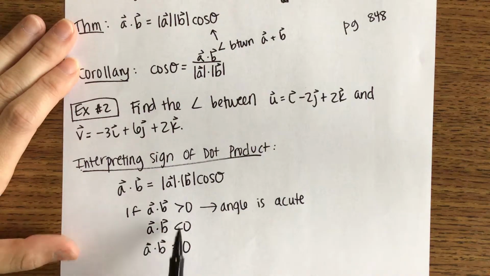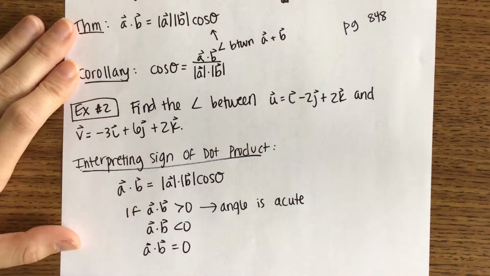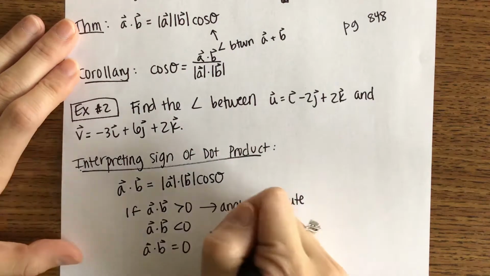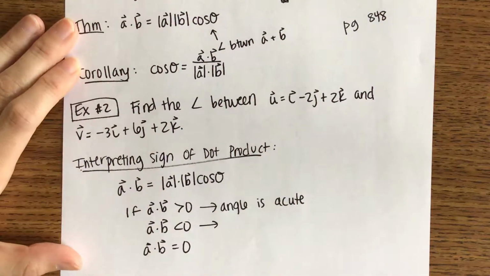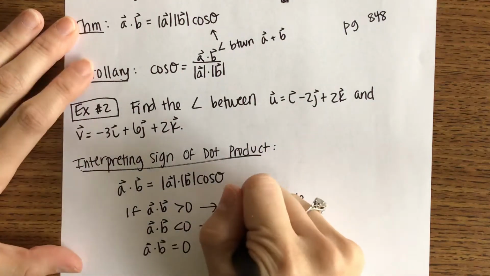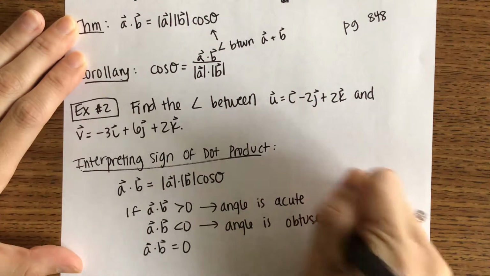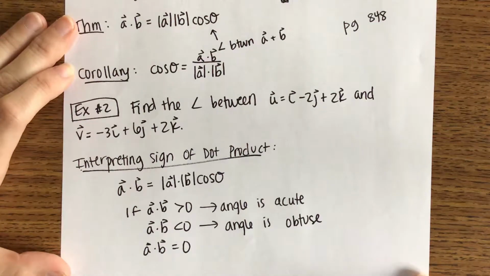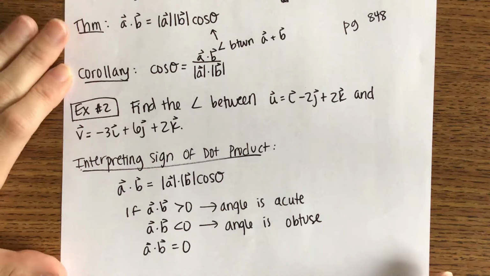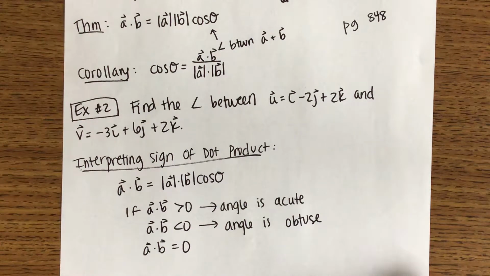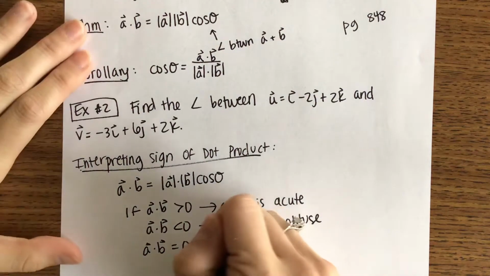If our dot product is negative, that means cosine is negative. What does that tell us about A and B? Obtuse. The angle between them is obtuse. What about if the dot product is 0? Orthogonal.